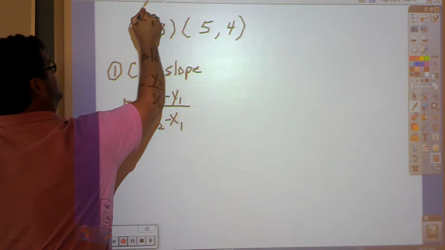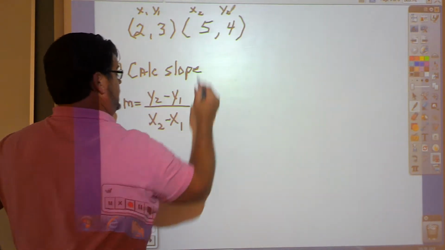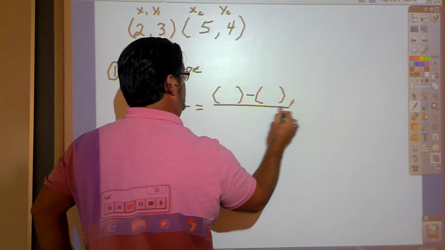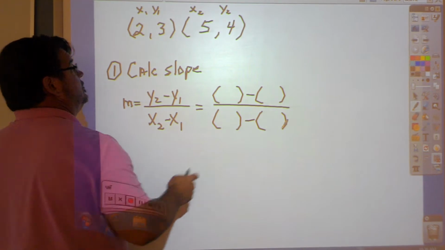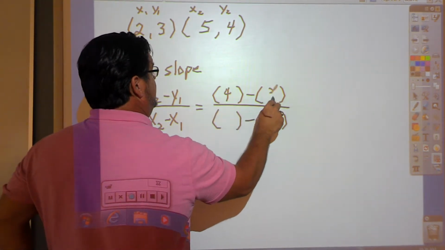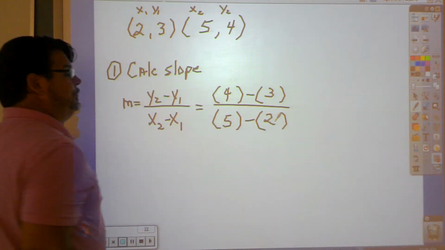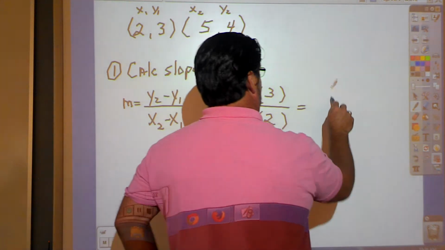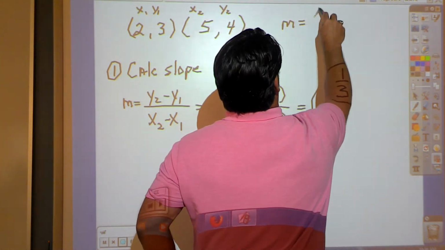Well, this is x sub 1, this is y sub 1, this is x sub 2, this is y sub 2. Parentheses minus parentheses over parentheses minus parentheses. 4 minus 3 over 5 minus what? 2. And that'll give us 1 what? 1/3. So our slope is equal to 1/3.